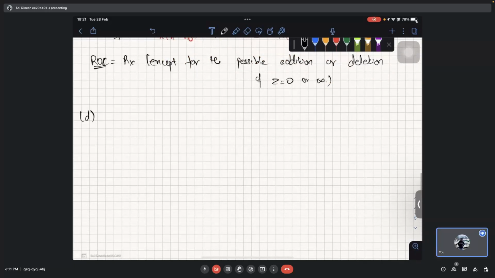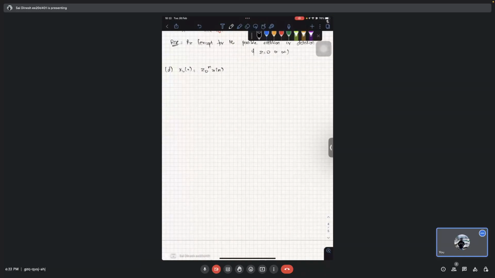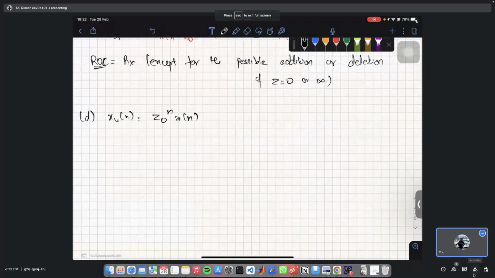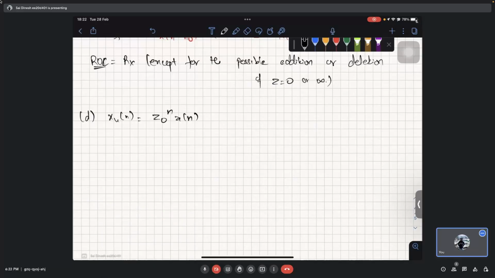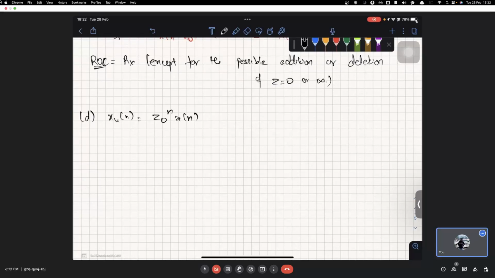So next is part D: x4 of n is equal to z0 power n into x of n, where z0 is a complex constant.